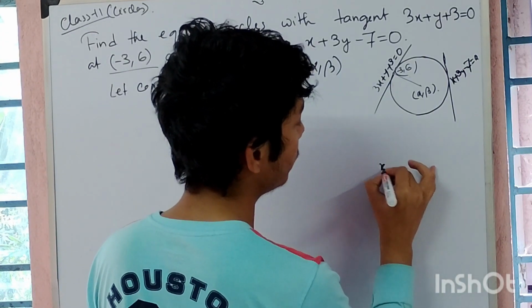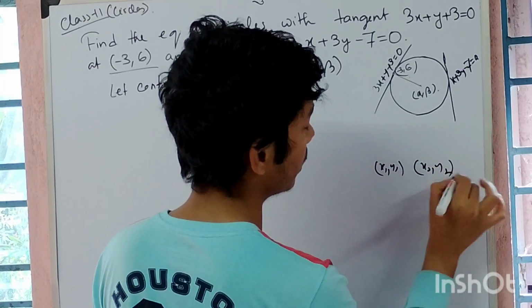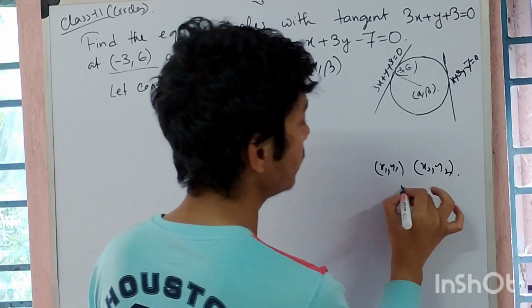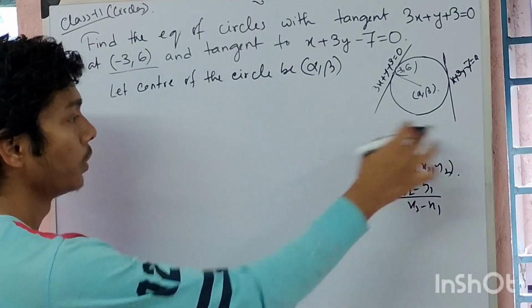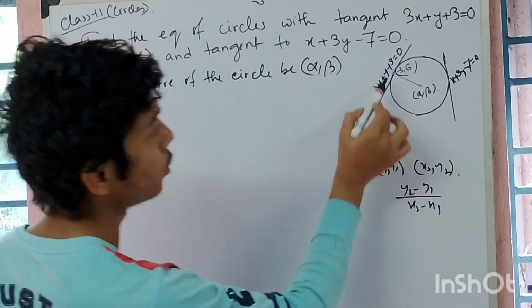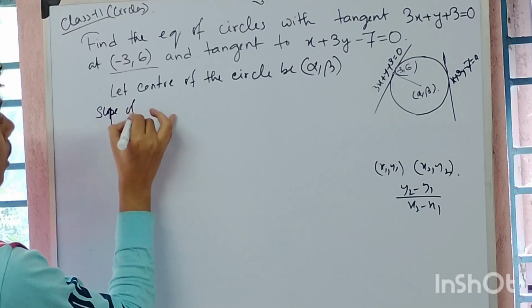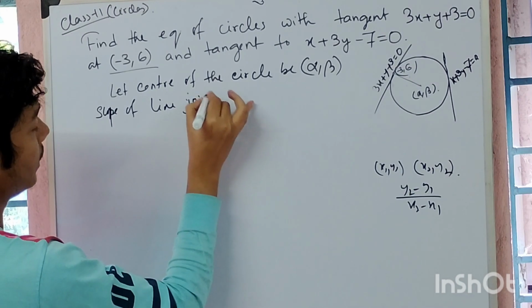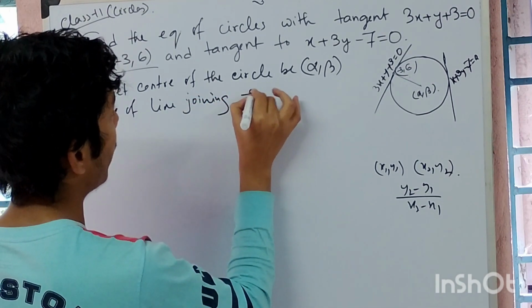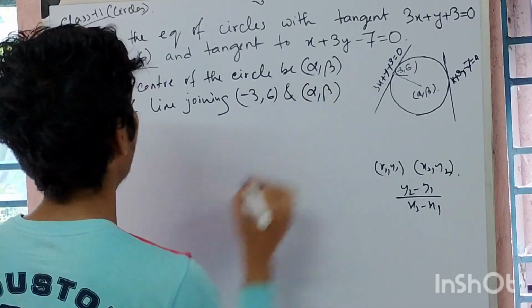Generally, if there are two points x1, y1 and x2, y2, then the slope of the straight line joining these two points is y2 minus y1 by x2 minus x1. This is the formula. Using this formula, I can easily find the slope of the line joining minus 3 comma 6 and alpha comma beta.